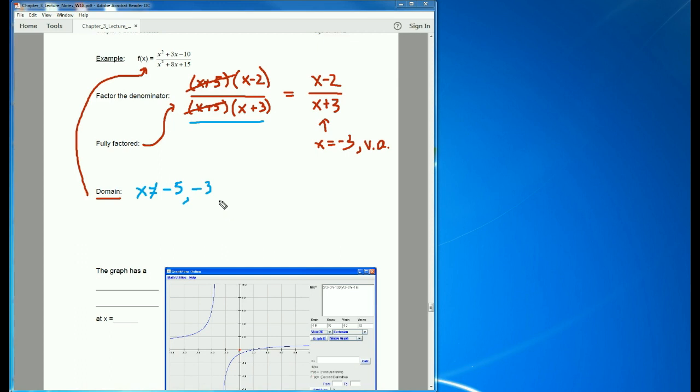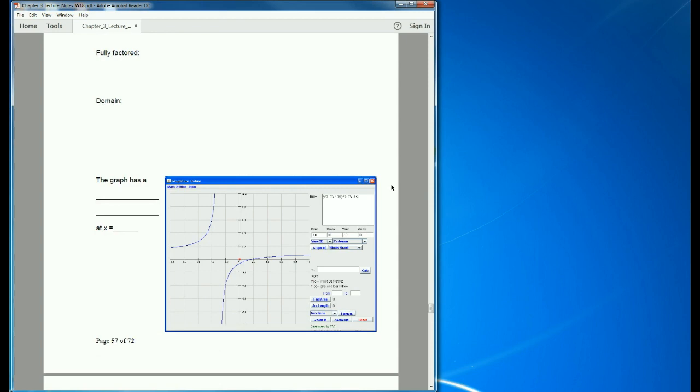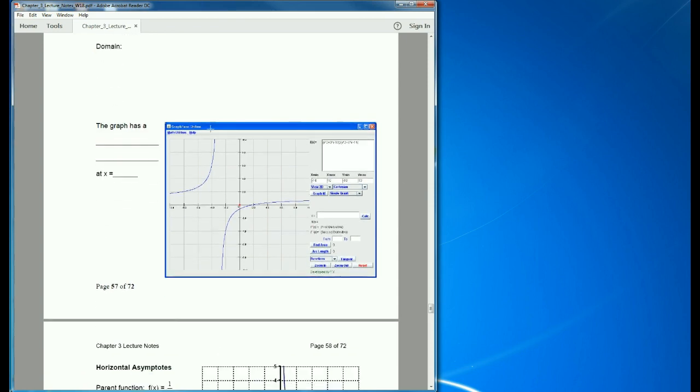So when you plot this, okay, I'm going to dump this stuff and then scooch the page up a little. When you plot this, the graph will look like this. We can see that it has, as we said above, the vertical asymptote at x equals -3, so that's here.